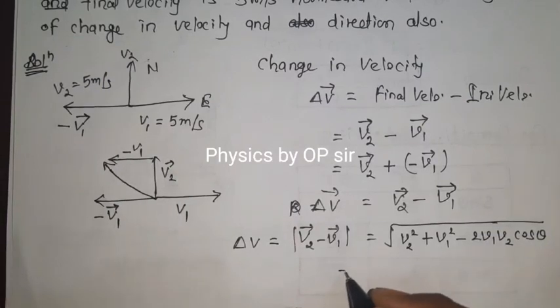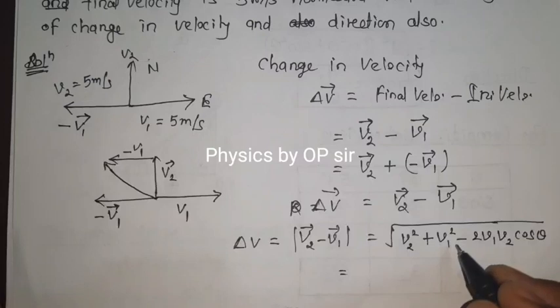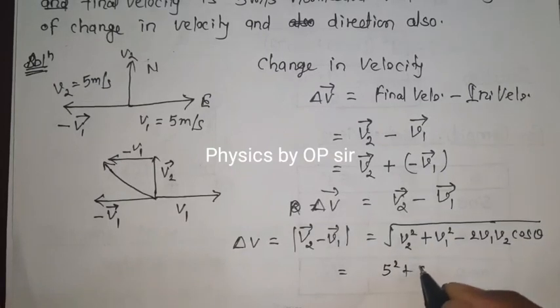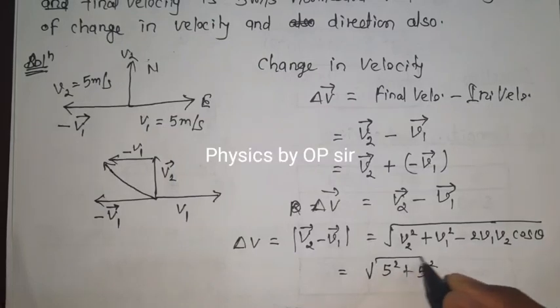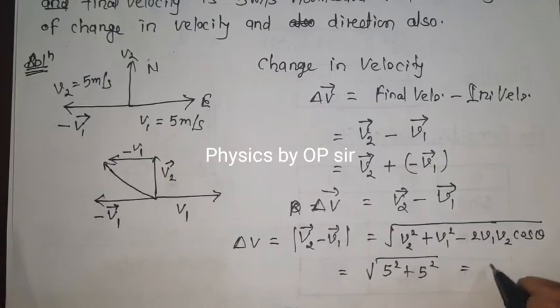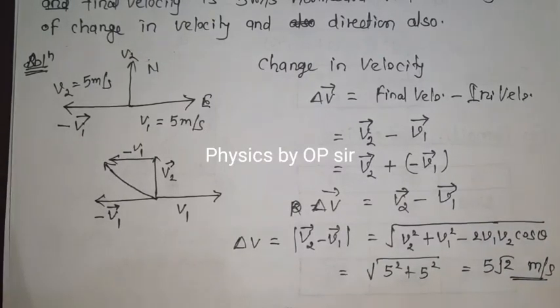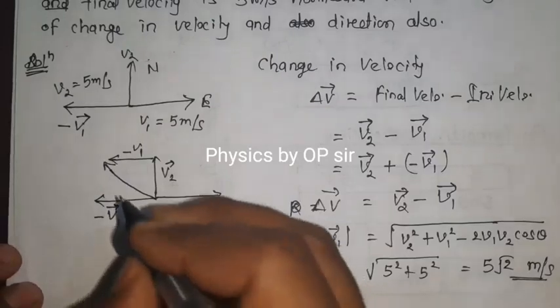So the remaining terms are v2 square plus v1 square, that is 5 square plus 5 square. So it becomes 5 root 2 meter per second. This is the magnitude.